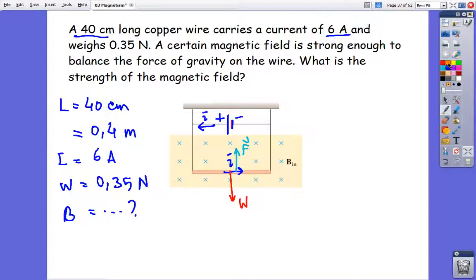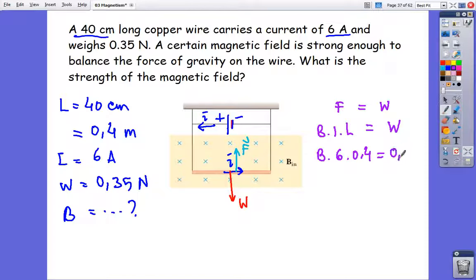As you can see, F and W cancel each other, so we can write that the force and the weight have the same value. F is B I times L, and the weight is the weight. B is unknown, I is 6, and L is 0.4.